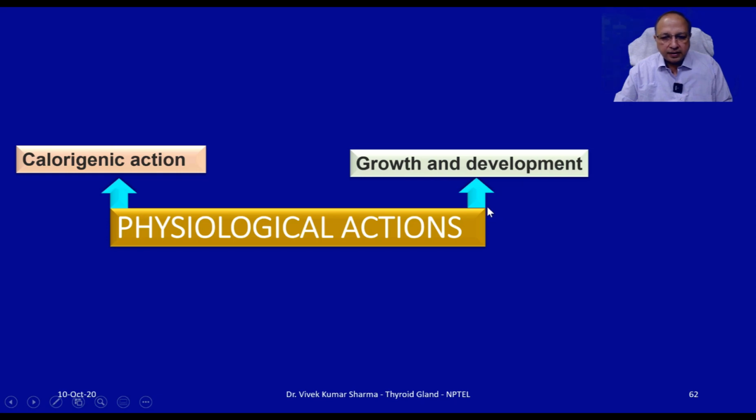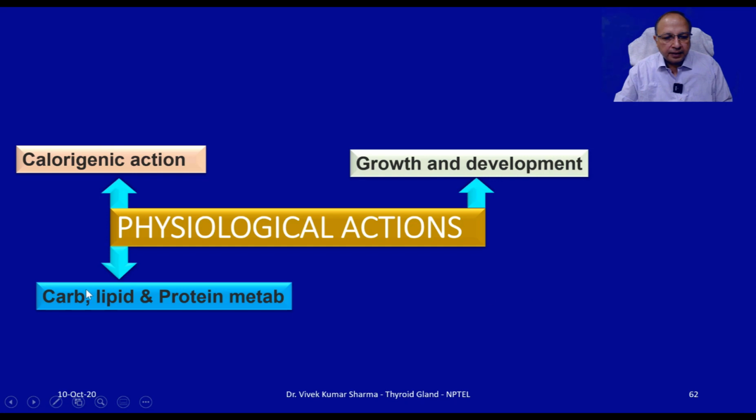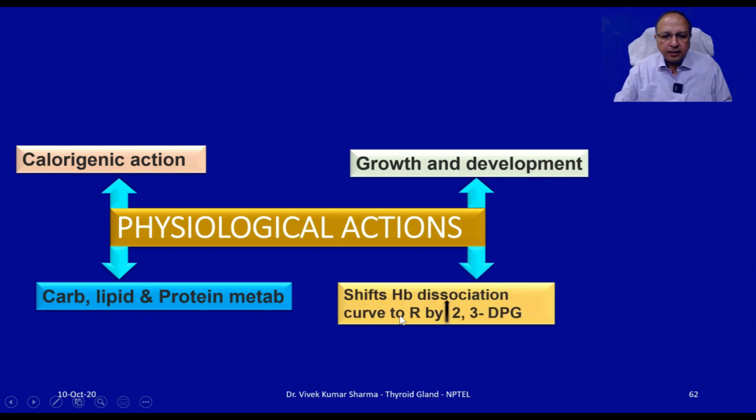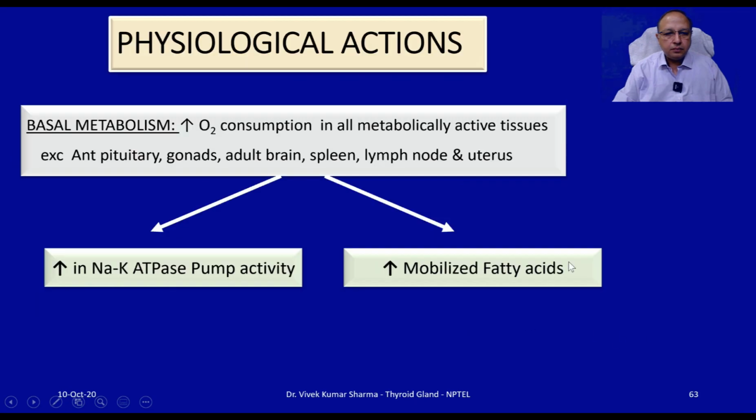It orchestrates the pubertal changes that occur and is also responsible for the growth and development of adolescents. Then it is an important part of the intermediary metabolism, that is the carbohydrate, lipid and protein metabolism. And one effect is that it shifts the hemoglobin dissociation curve to the right by causing an increase in the 2,3-DPG.